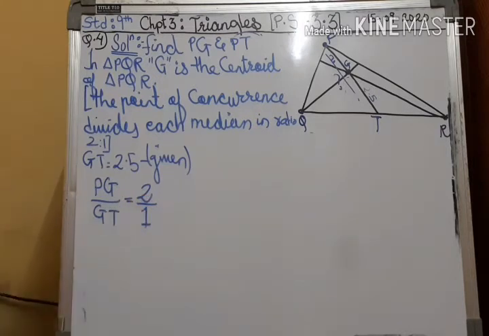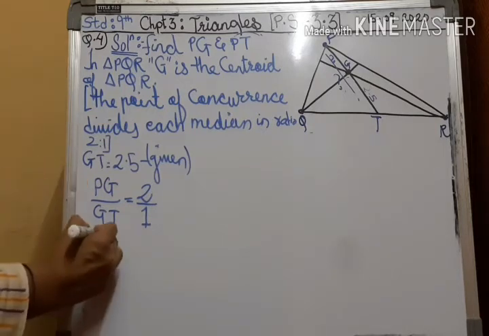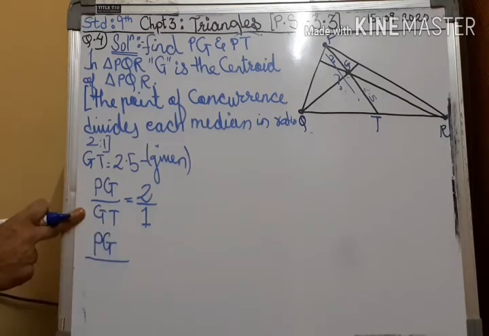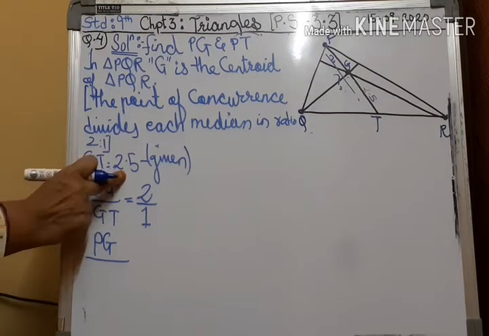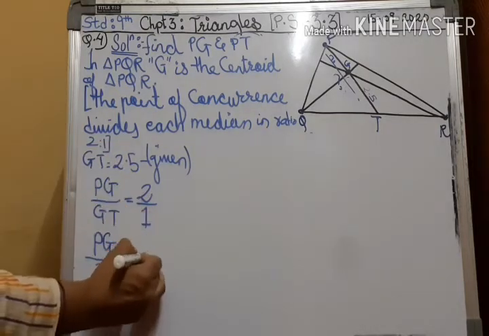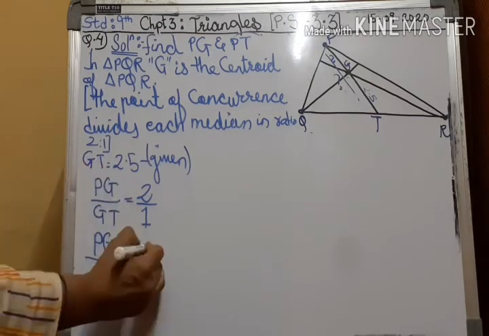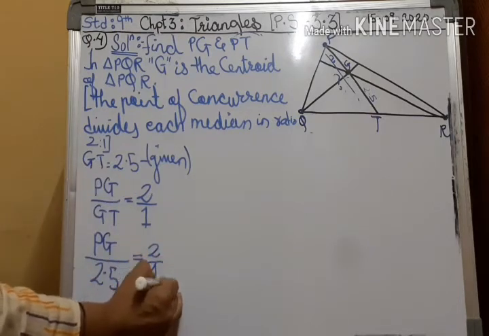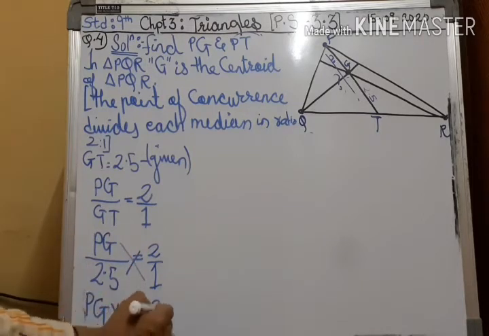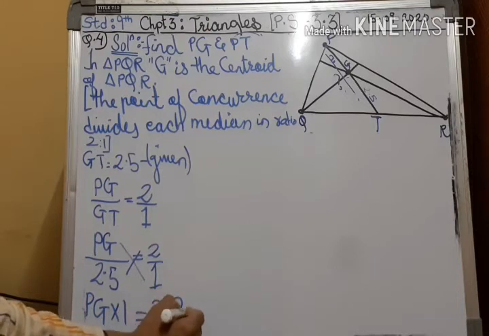We don't know the value of PG, so we will write PG as it is. In the place of GT, we will put the value 2.5, equal to 2 upon 1 as it is. Now cross multiply. PG into 1 equals 2 into 2.5.